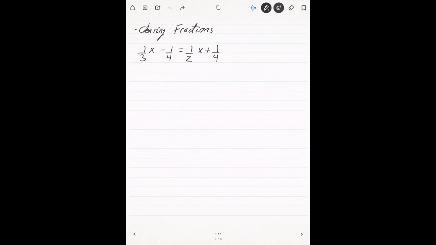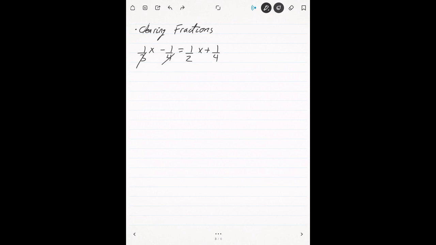Let's think about multiplying. What can I multiply to both sides of this equation that would make the denominators cancel out? That would turn all of the denominators to like a 1, right? Well, if I multiplied by a number that was big enough to divide all of these out, that should work, right?